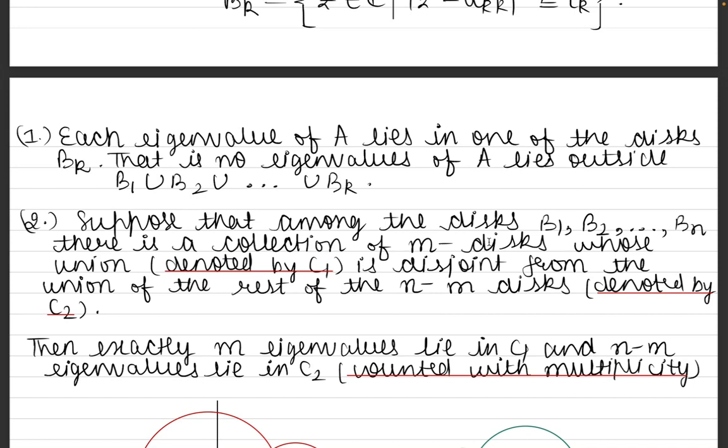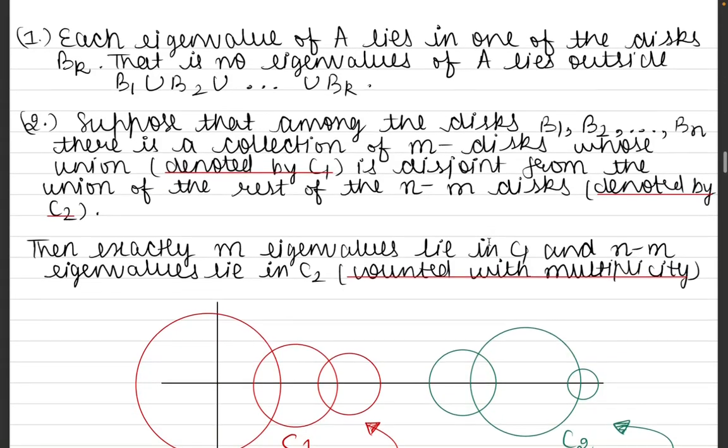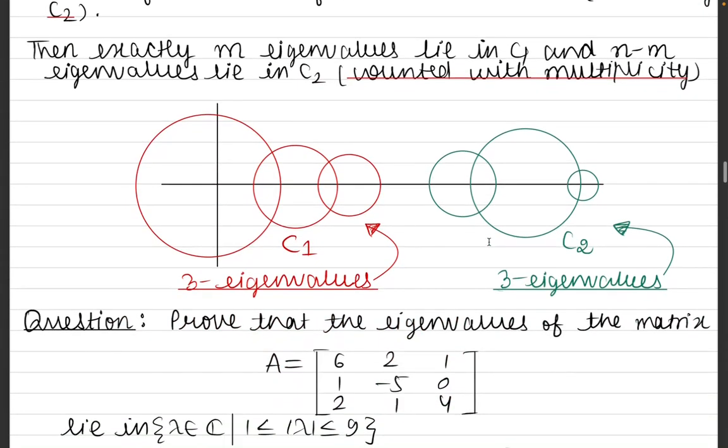then exactly m eigenvalues lie in C1 and n minus m eigenvalues lie in C2.